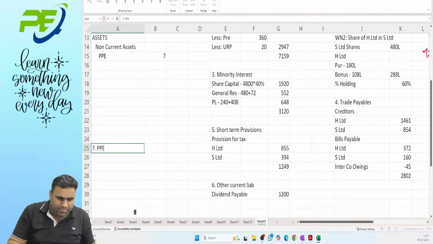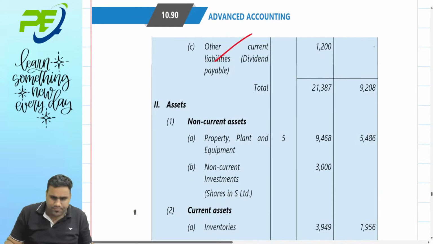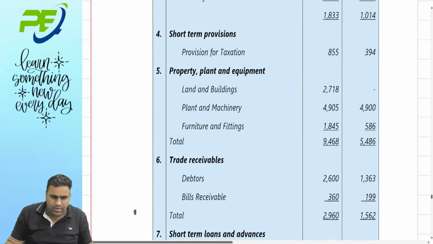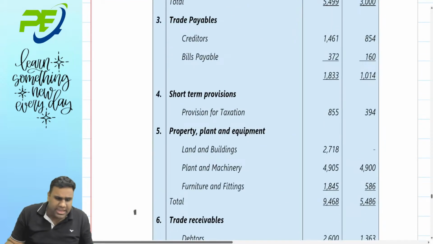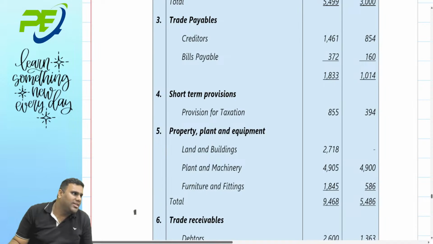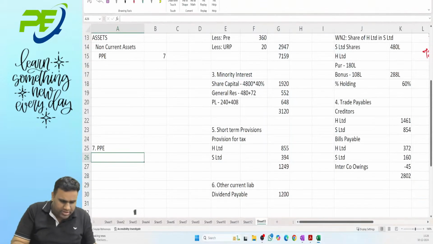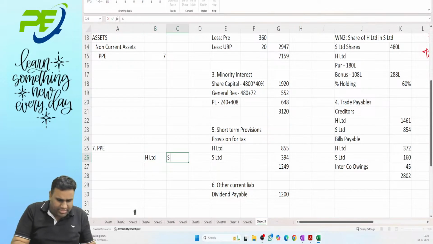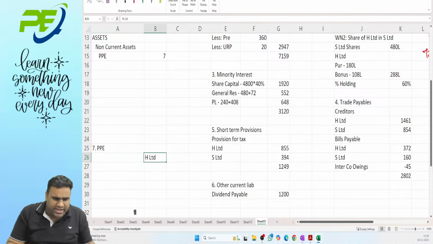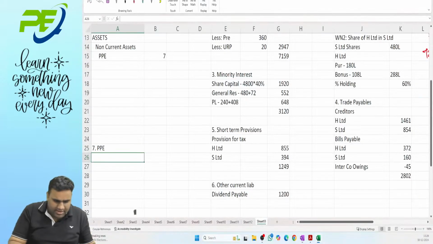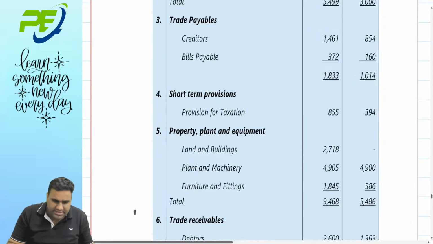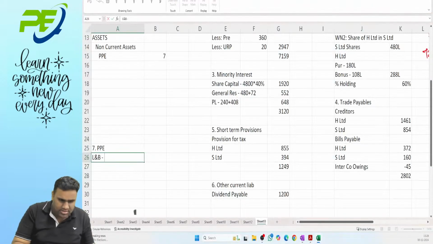Note number 7, PPE. So all these three, any adjustment required? Everyone, what we will do, we will write H Limited and S Limited, or alternatively, land and building only H Limited, 2718.